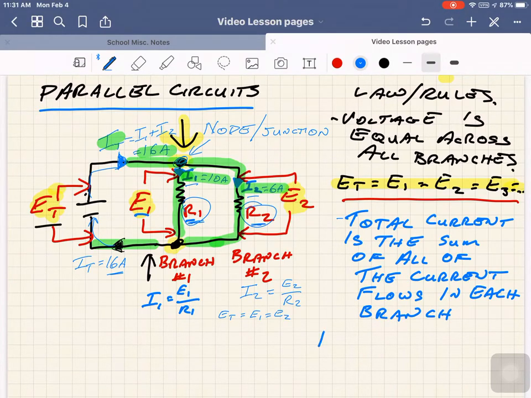Okay, as a formula, IT equals I1 plus I2. If we had a third branch, we'd add that on. And as many branches that we had would equal IT.